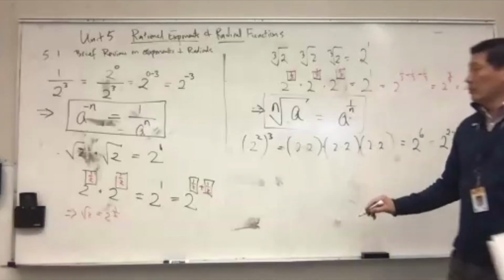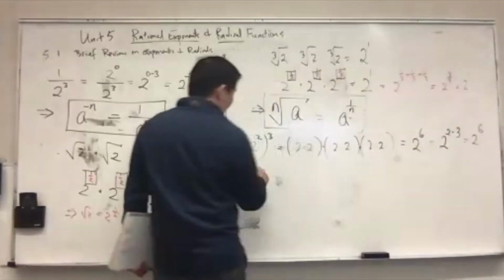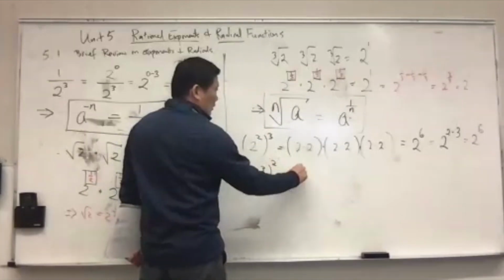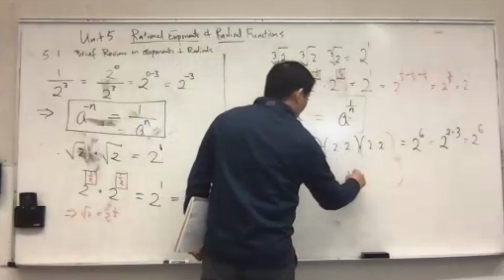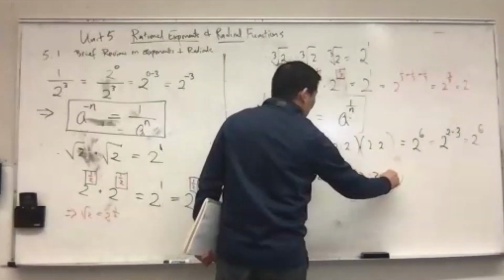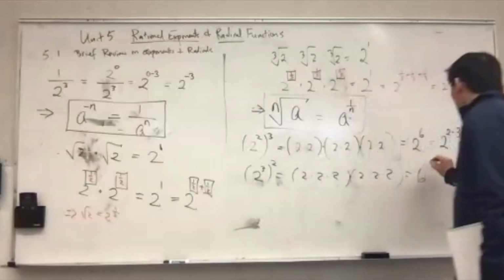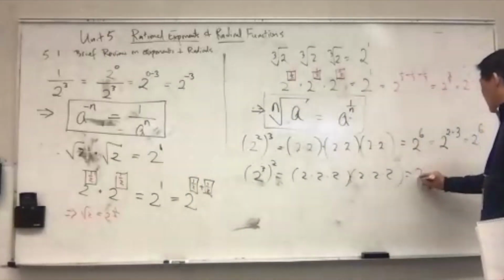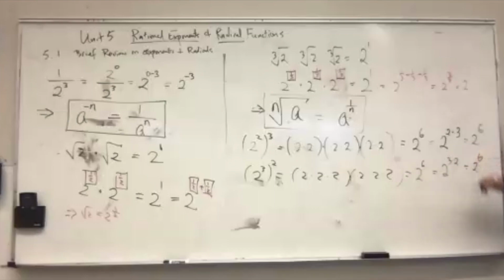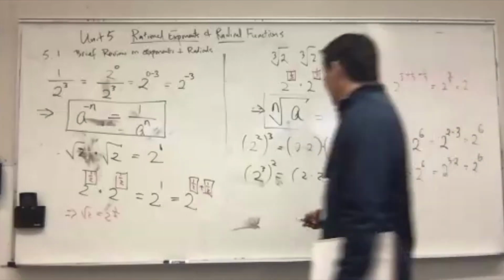Right? Same thing if you do it in a slightly different form, 2 to the 3rd power squared, and you've got two things multiplying to each other. So 2 times 2 times 2, 2 times 2 times 2. This is still going to give you 2 to the 6th power. And in this case, it is 3 times 2, which is equal to 2 to the 6th power. So what does this mean?